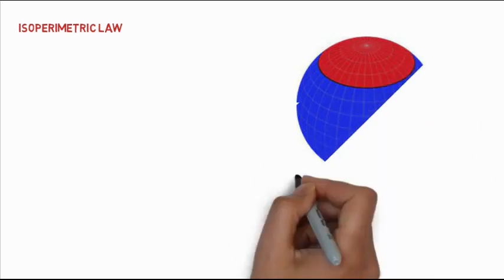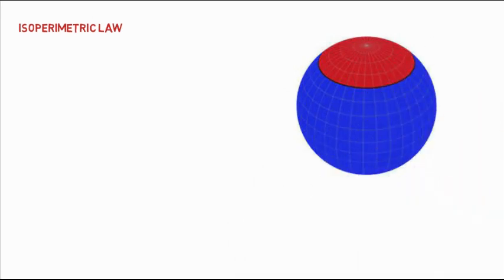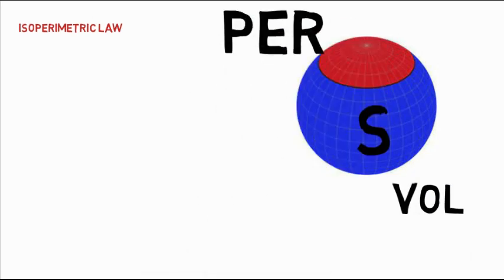What does the isoperimetric problem say? While you are considering a sphere or some other kind of polygon, call it S, and you take its area to be AER, volume to be VOL and perimeter to be PER, then the isoperimetric problem states that the perimeter of S is always greater than or equal to 2 into the volume of S power 1 by 2.